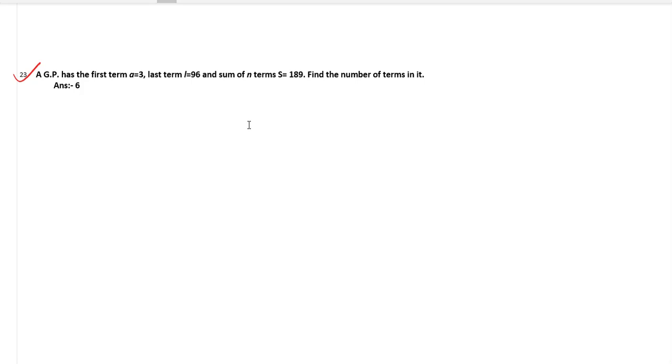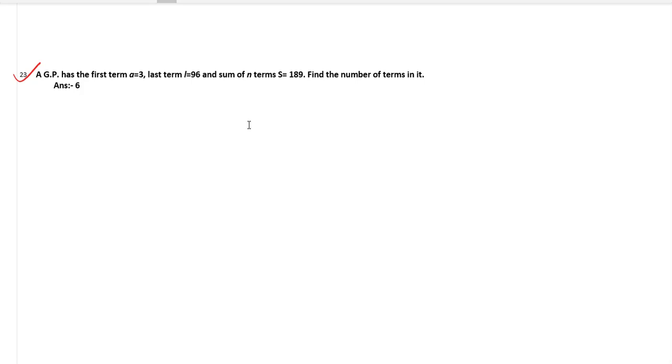Again, the question is similar to what we have done earlier. The first term is given, last term is given, and sum of n terms is given. We have to find the number of terms in it. Have they given the common ratio? No, they have not given the common ratio.